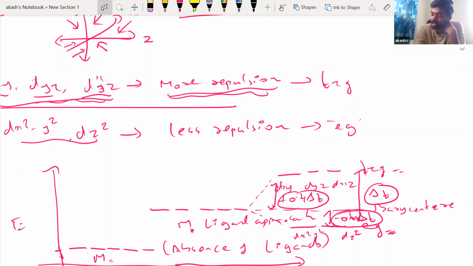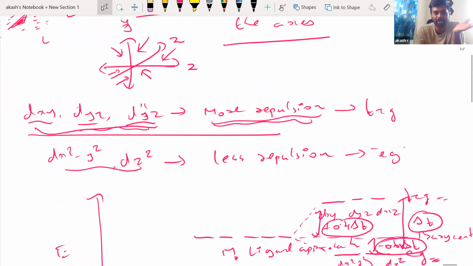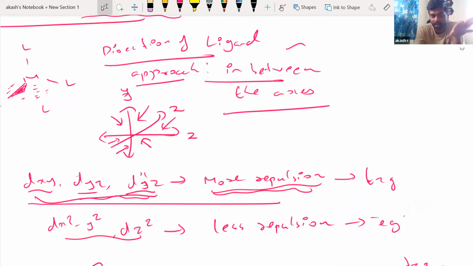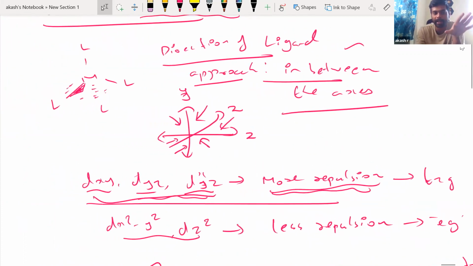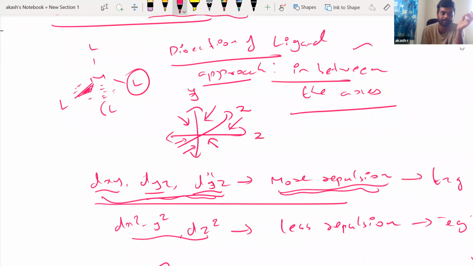In octahedral complexes, how many ligands do we have? 6, right? Good. Obviously, coordination number 4 means, if I consider monodentate ligands, there are 4 ligands, and in case of octahedral complexes, 6 ligands were there. No doubt about it.